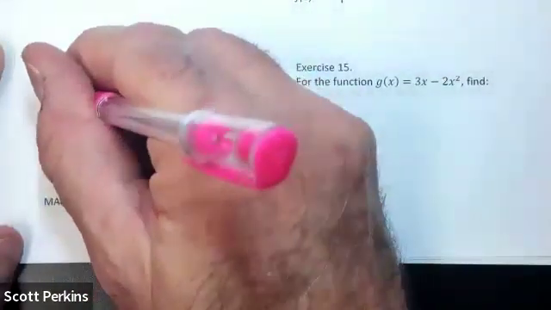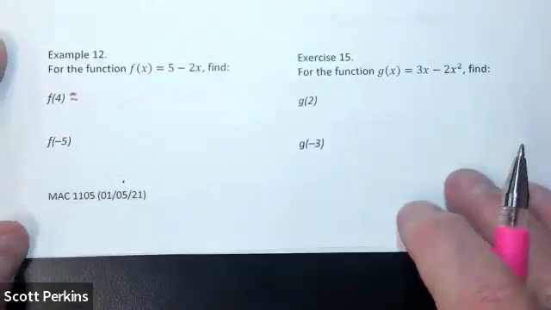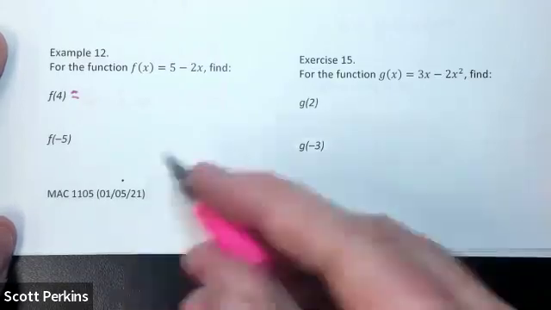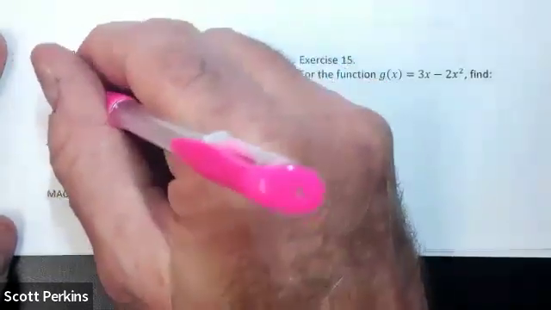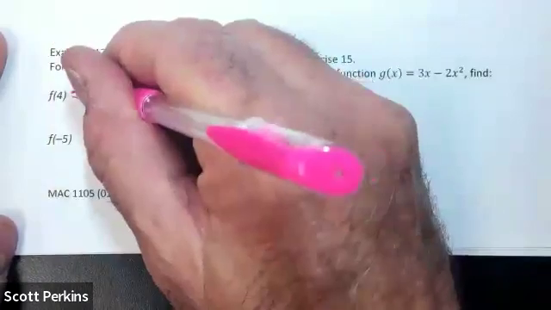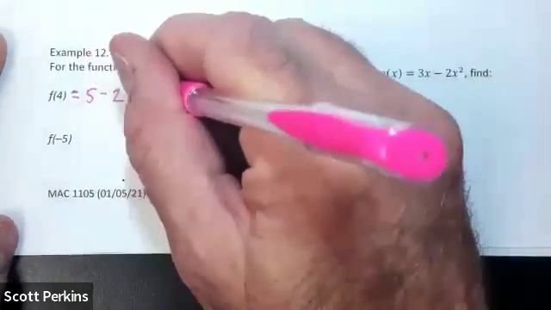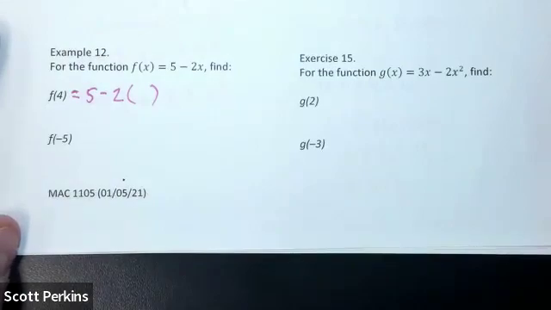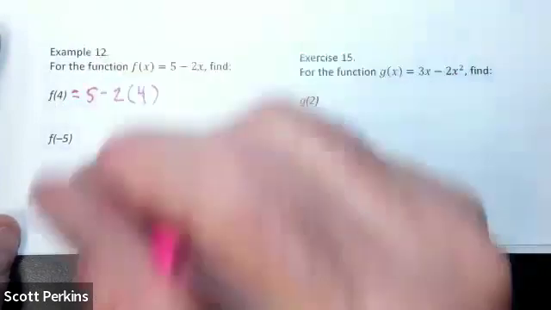This is just my recommendation, just to avoid mistakes, especially sign errors, which are really easy to make, is I would first write down my function like this, 5 minus 2, and then instead of an x, I'm going to put some parentheses. That's where I'm putting my missing value. And in this case, the missing value is 4, so I'll plug in 4.